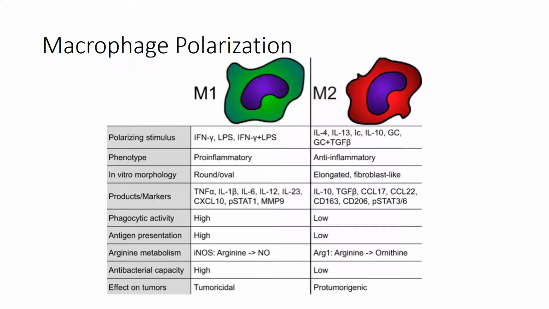Macrophage polarization is the ability of the macrophage to go to the tissue and either become pro-inflammatory or anti-inflammatory. We call these macrophages M1s versus M2s. They become either pro-inflammatory or anti-inflammatory because they have a polarizing stimulus.